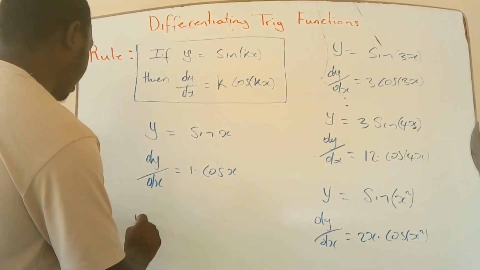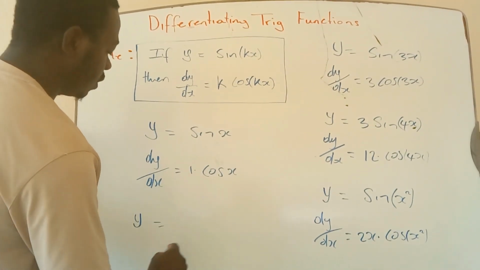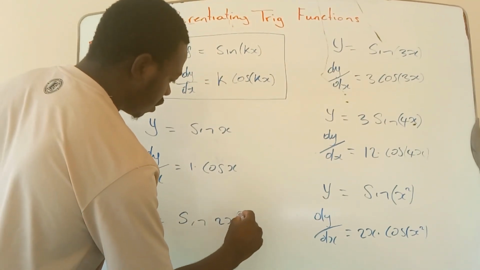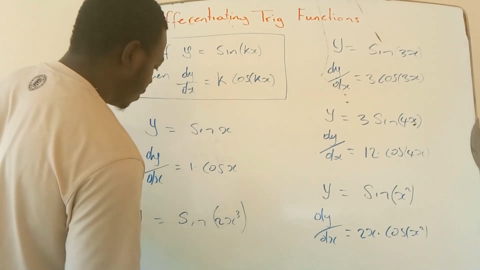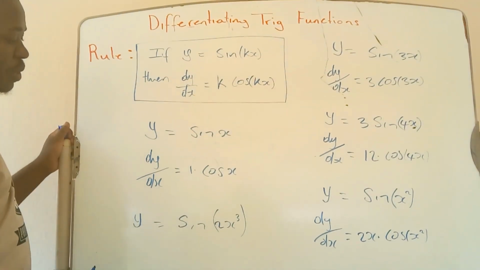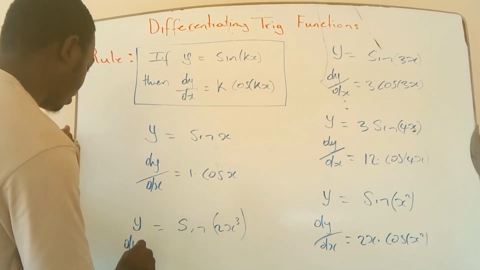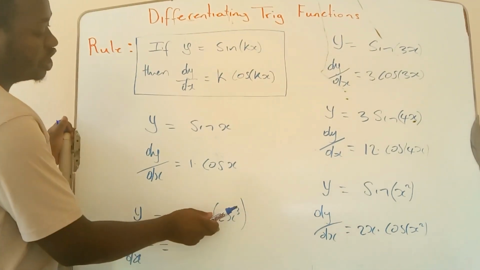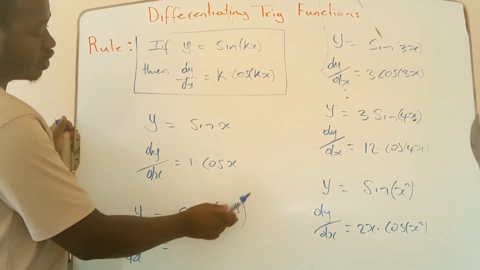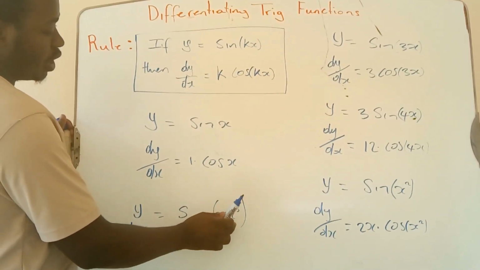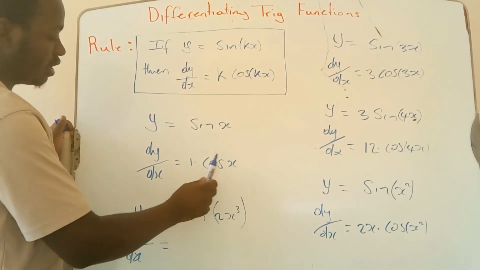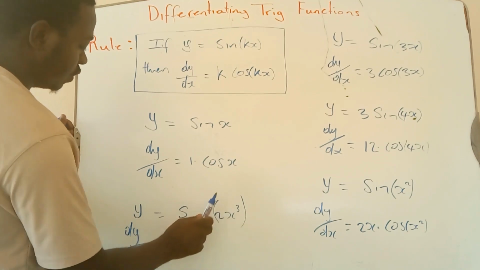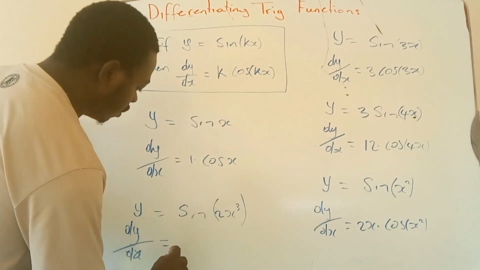Let's say you have y is equal to sine 2x cubed, right? And you're asked to differentiate this with respect to x. Then dy by dx is equal to, differentiate what's inside of the bracket, which is 2x cubed. If you differentiate 2x cubed using the power rule, you're going to take the power, which is 3, to multiply the 2 here. So 3 times 2, that gives you 6.